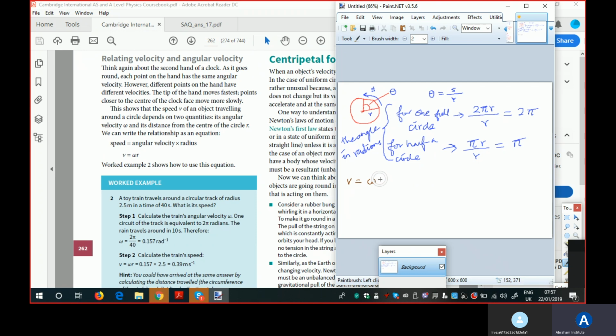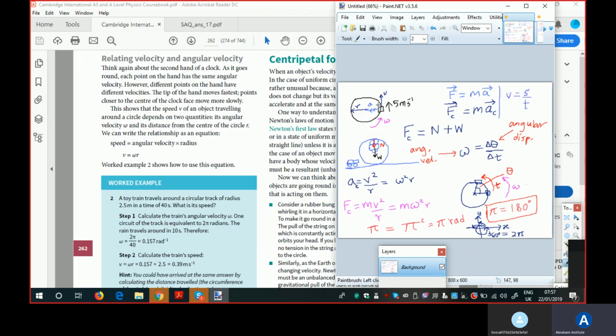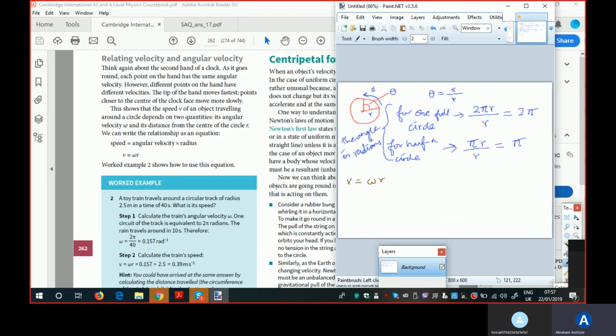In your book they just say velocity, so actually it is referring to that tangential velocity. You remember what the tangential velocity was? It is this velocity, at a tangent to the circle, so we call it tangential velocity. Here they say speed, but when they say speed they are referring to that. The tangential speed or tangential velocity is equal to omega r.